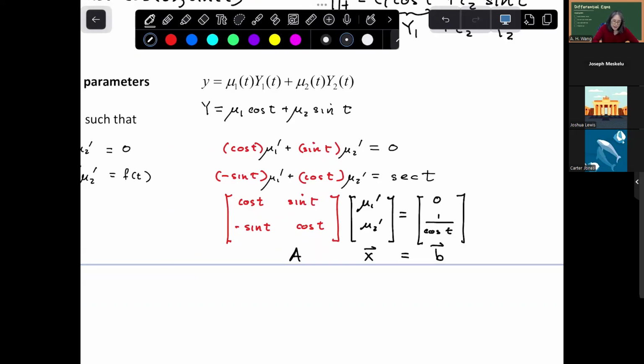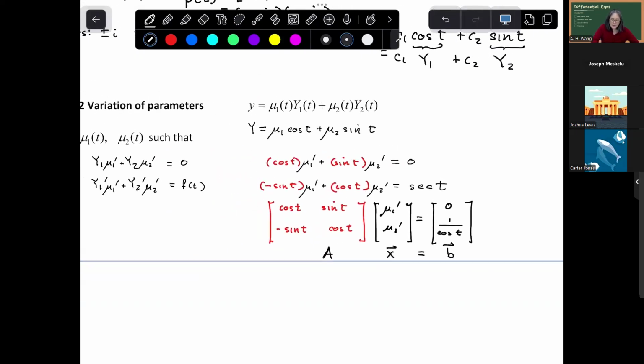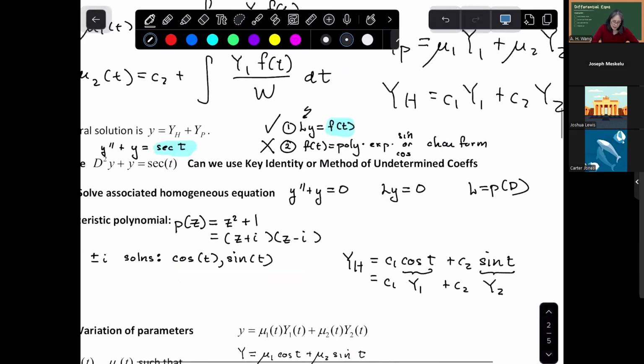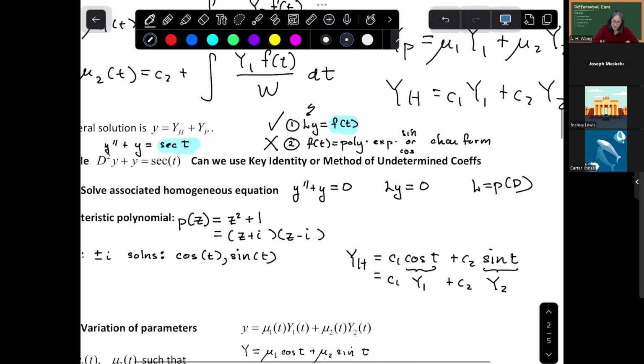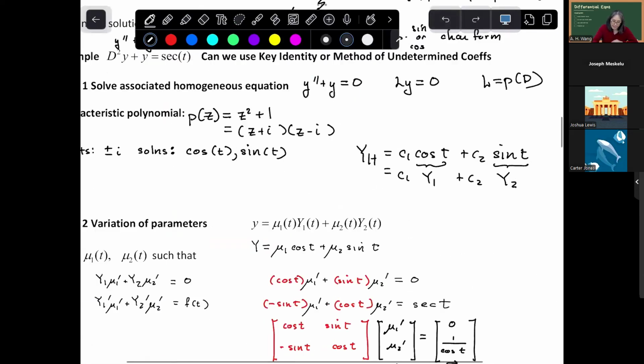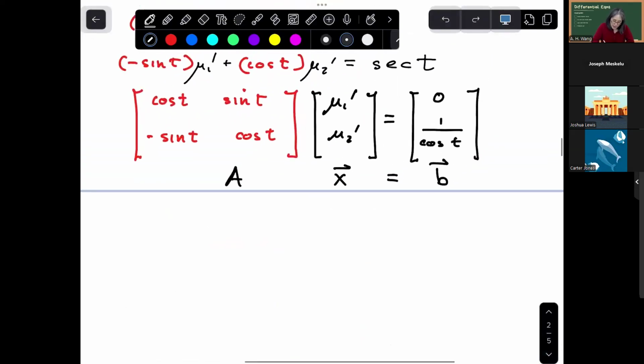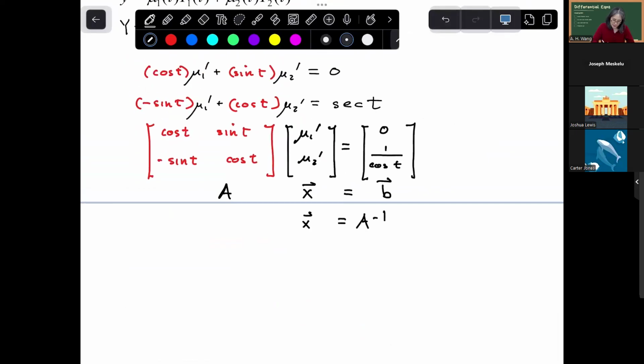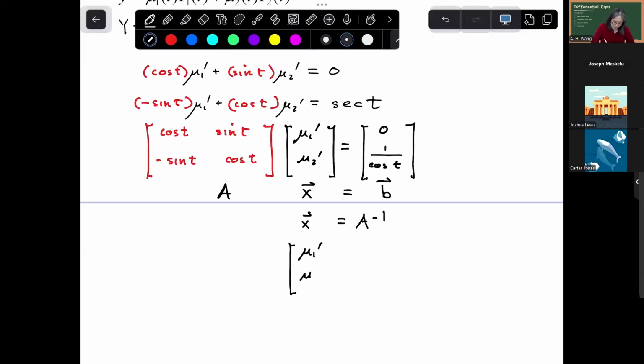You know the Wronskian is not 0 because from this work over here, this is going to be a fundamental set. So we're just going to say x equals A inverse b. Okay, so x is mu1 prime, mu2 prime. Don't forget the prime.